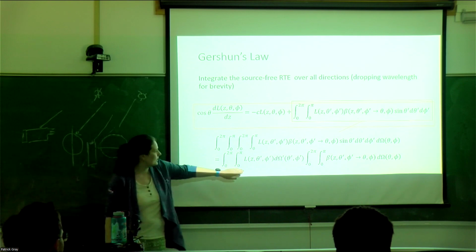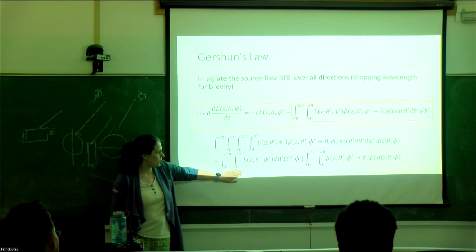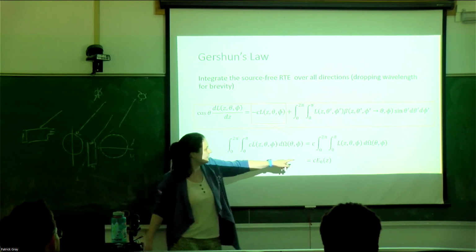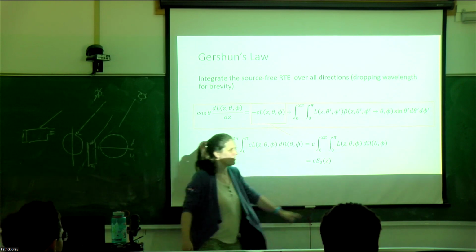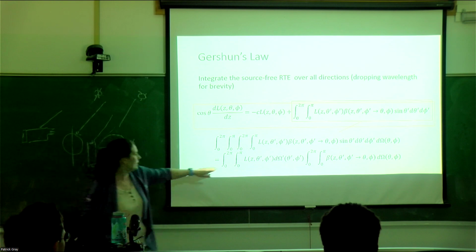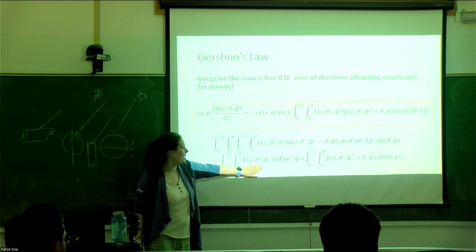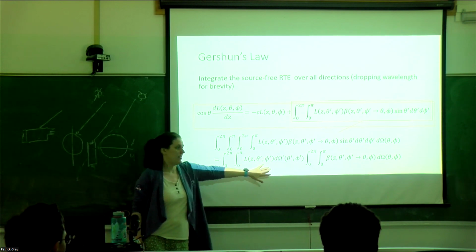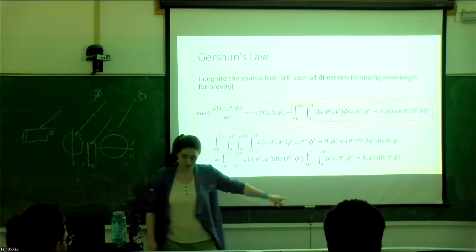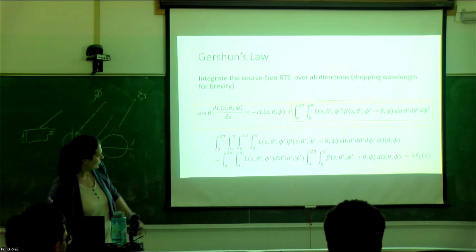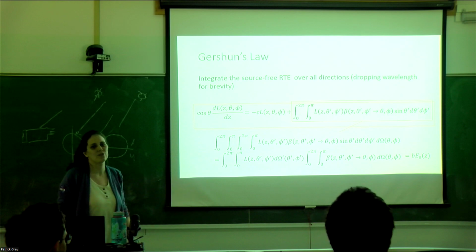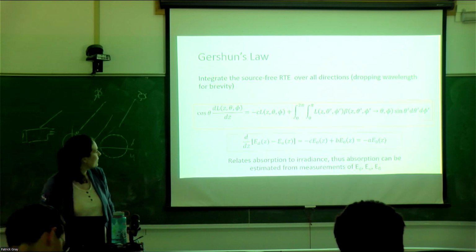And so then this is actually like we just had here. We just had phi's on all our angles, but it's the same physical property. So this is another scalar irradiance. And then this is your scattering coefficient. So this really complicated term cancels down to being your scattering coefficient times your scalar irradiance.